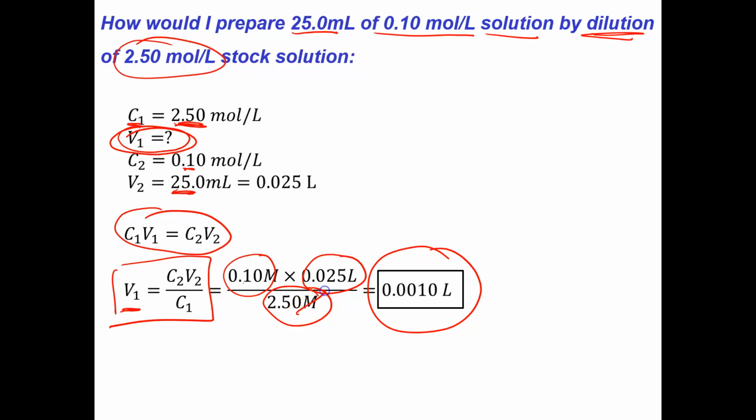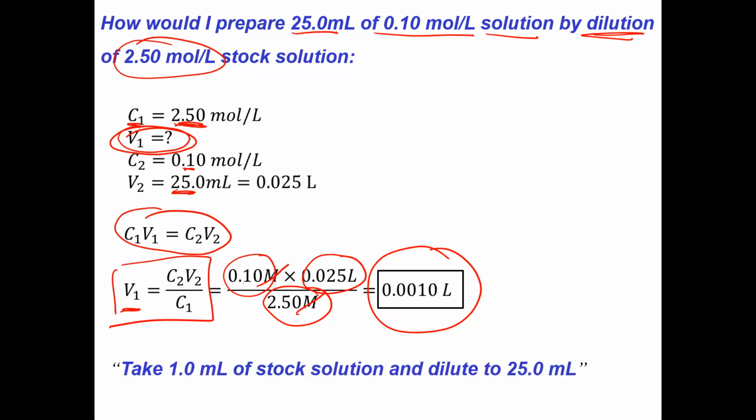You can see how the units work. I could have worked in milliliters and it would have been just fine as well. So how would I prepare this? I would take 0.001 liters of the stock solution and dilute it until I had obtained 25 milliliters.